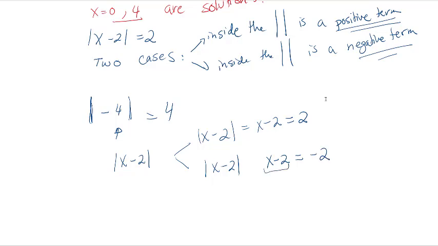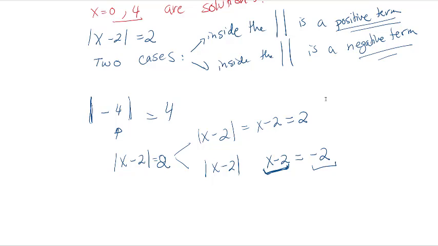Because this is a negative number. This negative number, its absolute value equals positive 2. So the actual number is negative. It will equal -2. So in this case, we have a different equation. We basically have two different equations for the same equation of absolute value x minus 2 equals 2. Let's repeat this again.